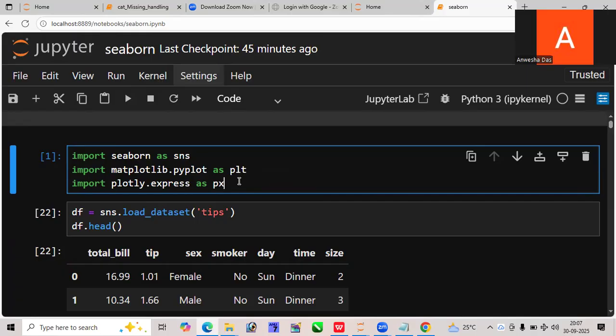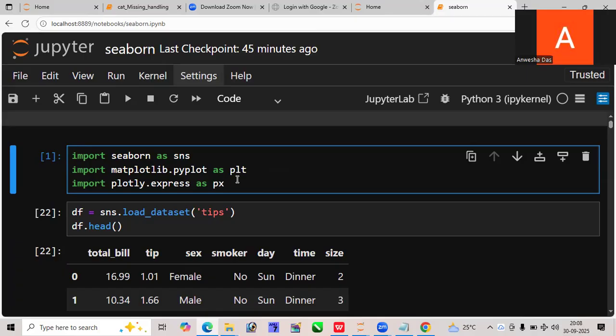And after that, I have imported Plotly. Plotly is for interactive visualization, but here I will not describe the visualization part of Plotly. I will just discuss how to import the dataset.